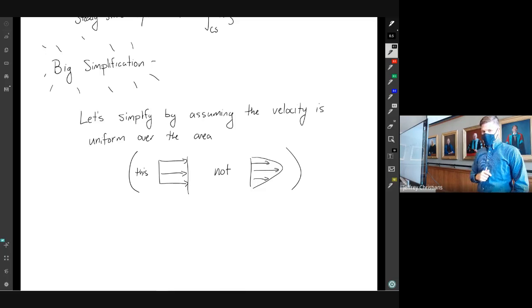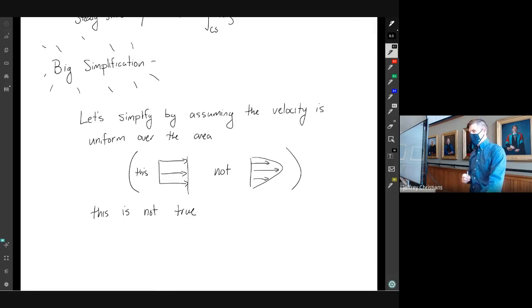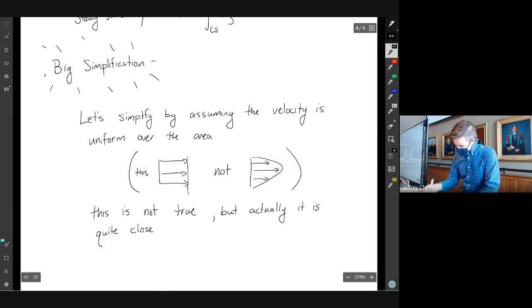It's not exactly true. It's not a true thing, but it's not super terrible either.